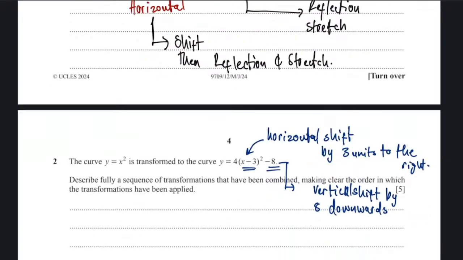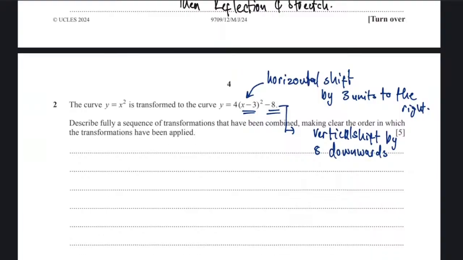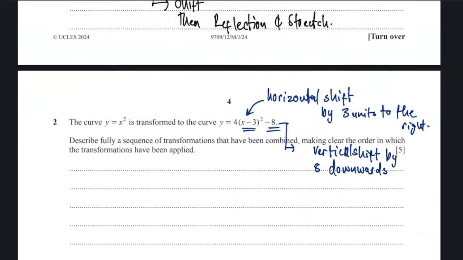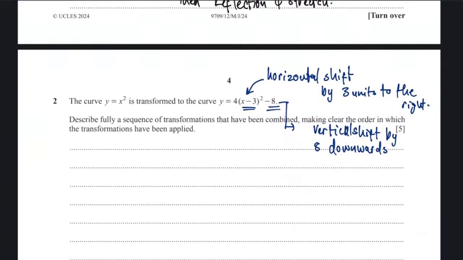Okay, so here we now come here. Let's say this 4 is multiplying, so it's a vertical one, right? What do you say? Vertical stretch by stretch factor 4.